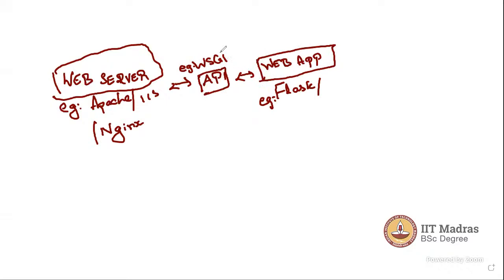WSGI is an example, and you can also write a RESTful API. So using Python Flask, you are writing your web application.